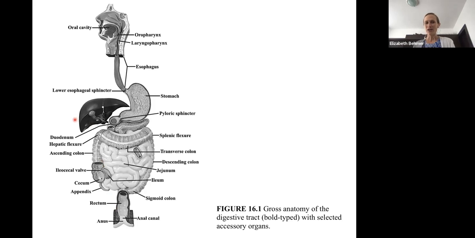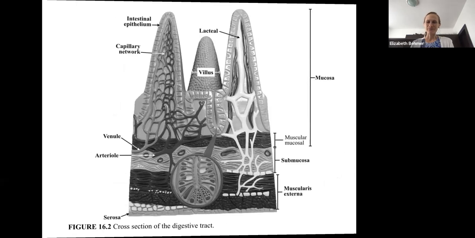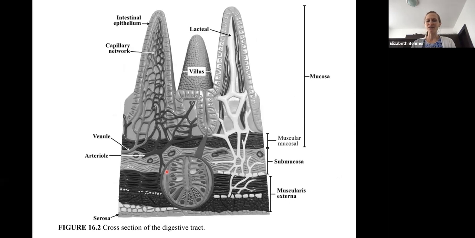We have accessory organs, which are included in the digestive system, but which aren't actually labeled on this picture. Here we have the histology of the small intestine wall. Throughout the digestive tract, it contains three layers: the mucosa, the submucosa, and the muscularis externa.